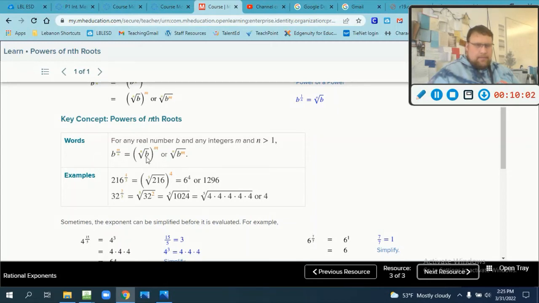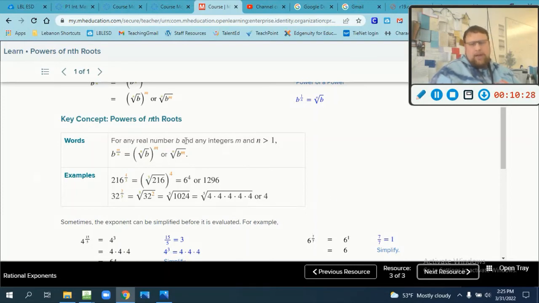But for any real number b and any integers m and n greater than 1, b to the m over n is equal to the nth root of b to the m power, or the nth root of b, to the m. So these two are the same thing written in different forms, and each one has its benefit depending on what you're trying to simplify. Again, take a minute, write that down.